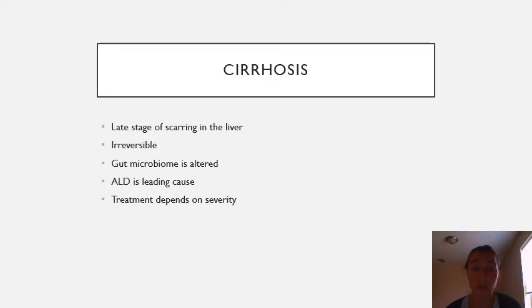It is usually irreversible, and the gut microbiome is altered as well, and it's also contributed by the ALD, or the alcoholic liver disease. And ALD is usually the leading cause of cirrhosis.